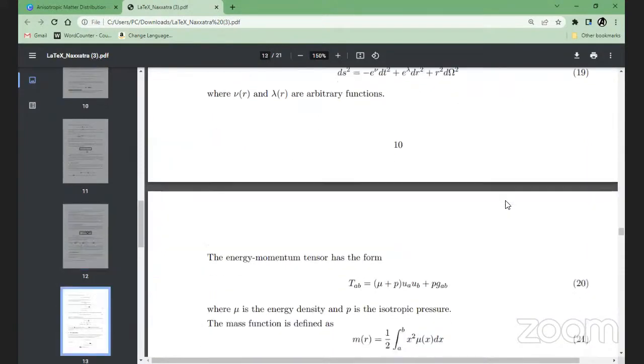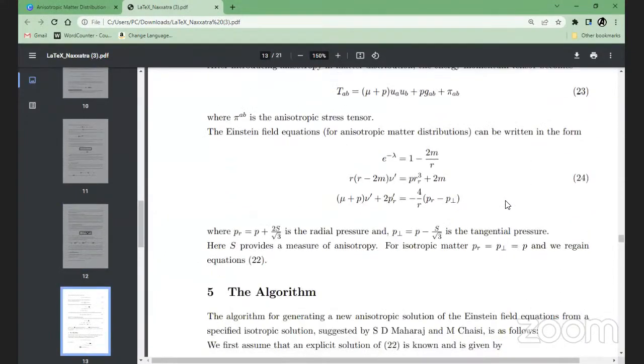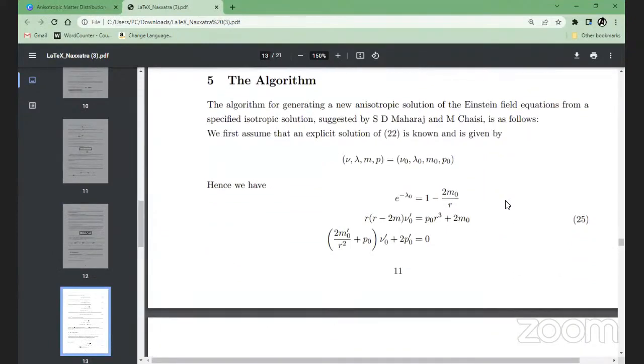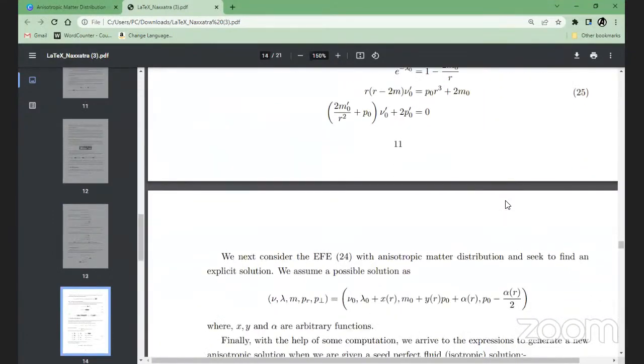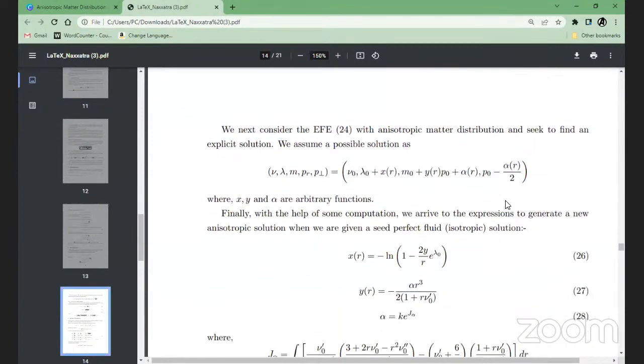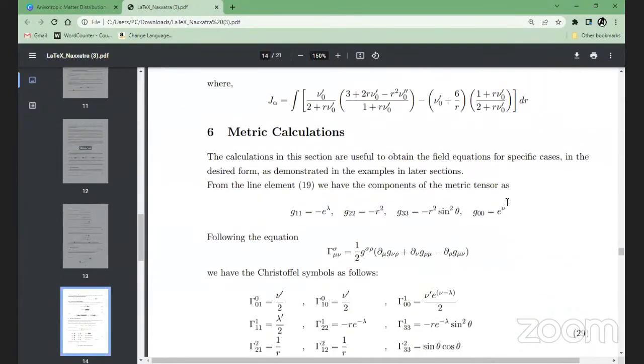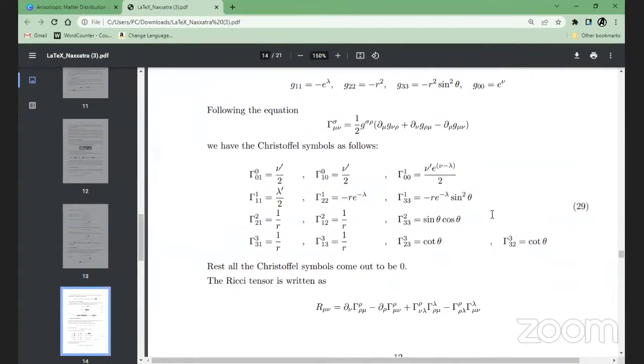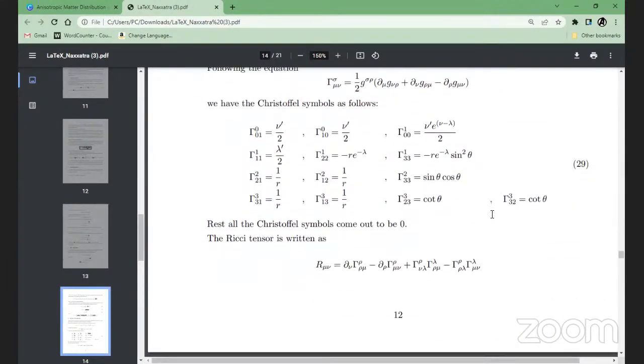This is how we use the field equation. We arrived at them, and how the algorithm actually works. And this section contains all the metric calculations, all the calculations that we had to go through, mentioned both as a reference, as an aid while reading the paper.